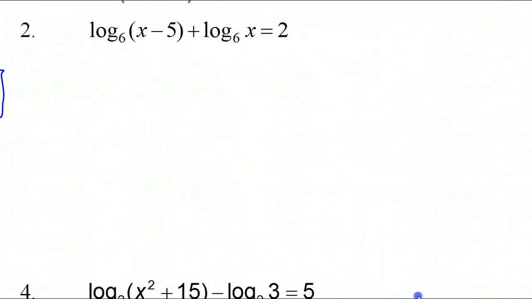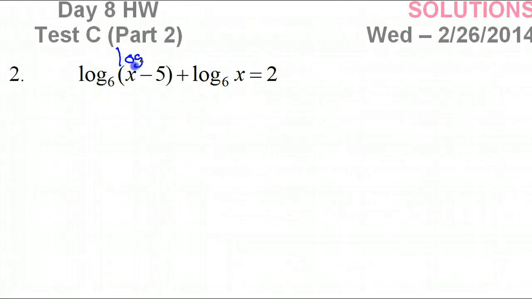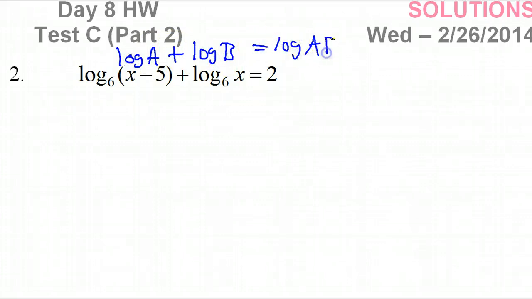All right, number 2. This one, when you are adding logs, you can condense them by doing multiplication, all right? We're using the rule that said log A plus log B is equal to log AB. So we're condensing. So in this case, that means log base 6.